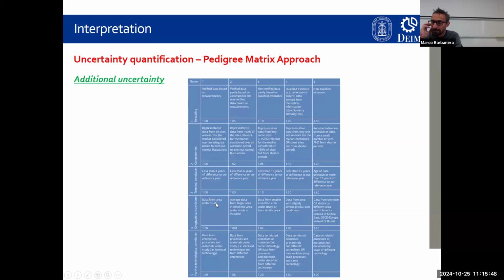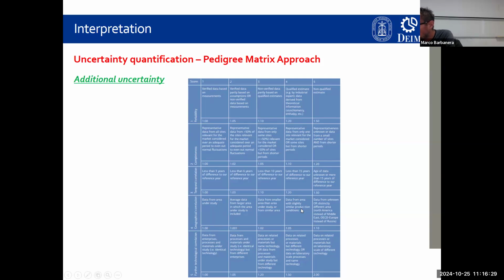For example, if we find data from a database, and if this data was obtained from the same area under study, in this case, the geographical correlation of this data is optimal, and so the score is equal to 1, and so the square standard deviation is equal to 1.